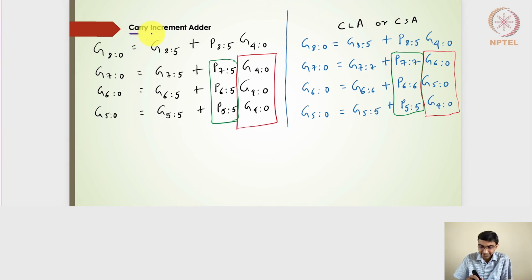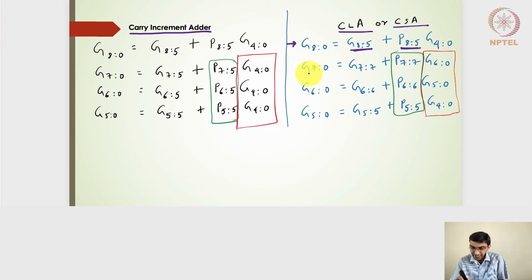So let's move on to the carry increment adder. For the carry look ahead adder and carry skip adder, the expressions were very similar, or rather derived from this particular expression. If I notice this G8:0, it is actually created from G8:5, P8:5, and G4:0, right?